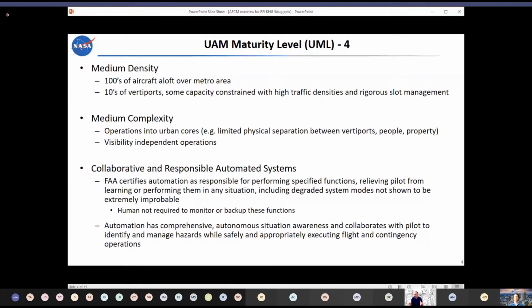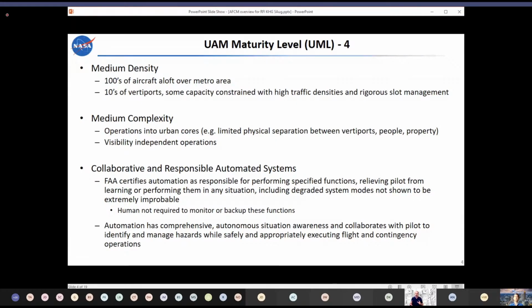That's a lot of aircraft compared to what we're used to thinking in terms of for traditional aviation, but it's still on average medium traffic density, although you could imagine in the vicinity of key vertiports or nodes in that network that the traffic around those areas is going to become quite dense.